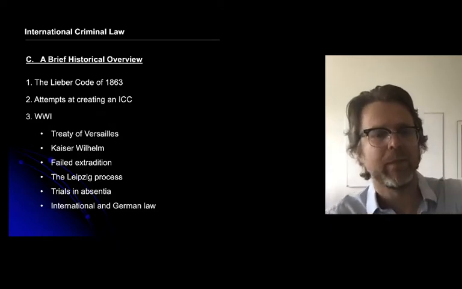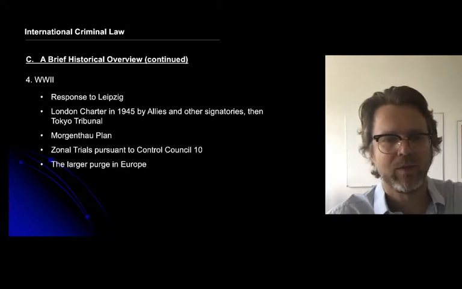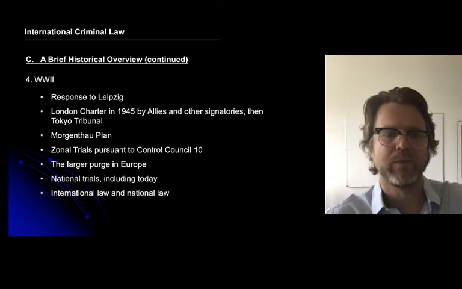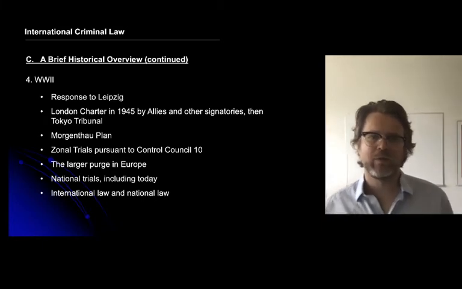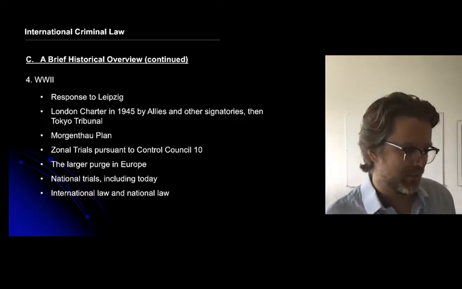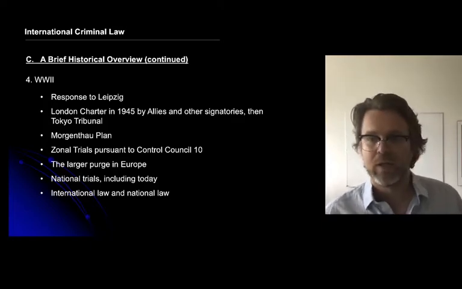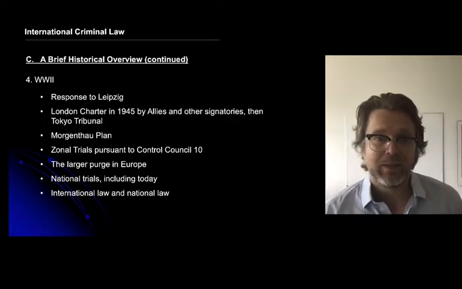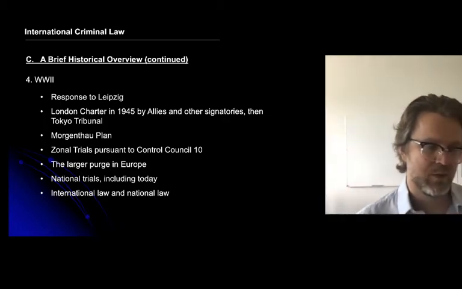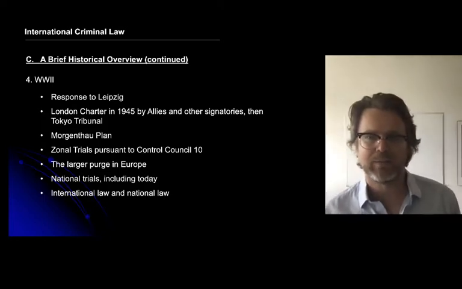So let me move on here and discuss with you the Second World War. And in a way, I've already gestured at this. The second accountability effort, after the Second World War, was a very deliberate attempt to learn from the lesson of Leipzig.